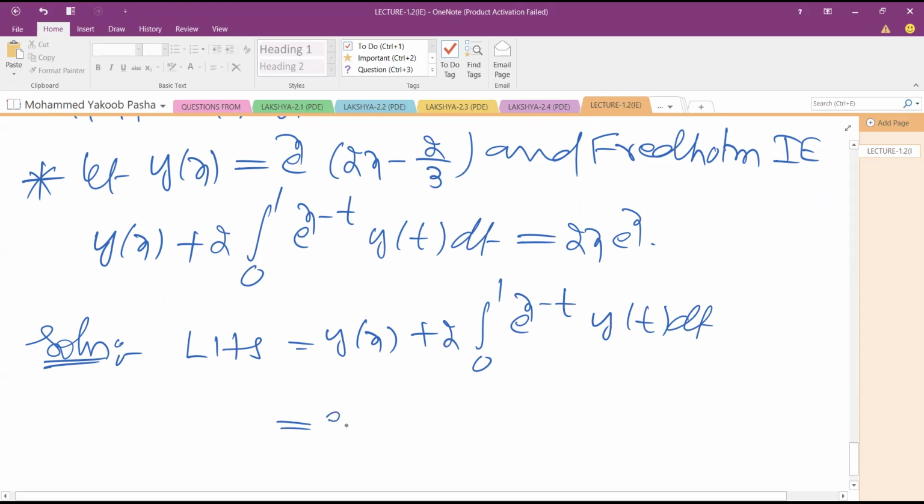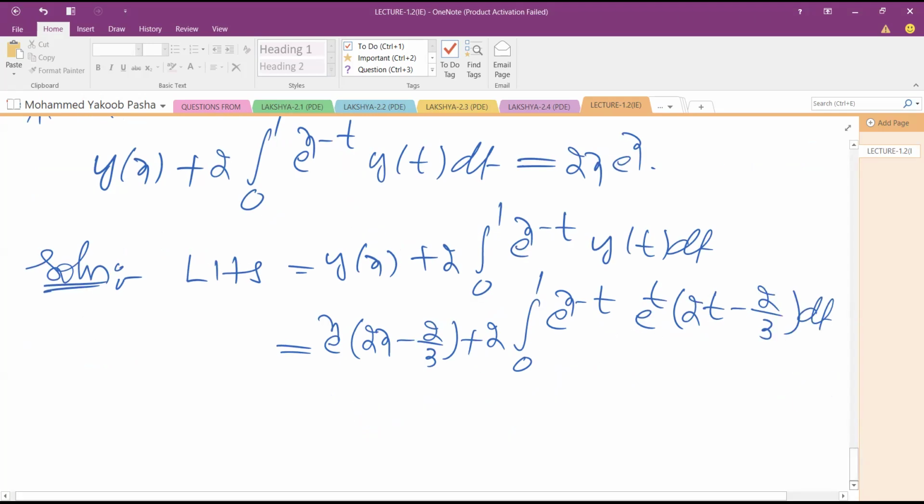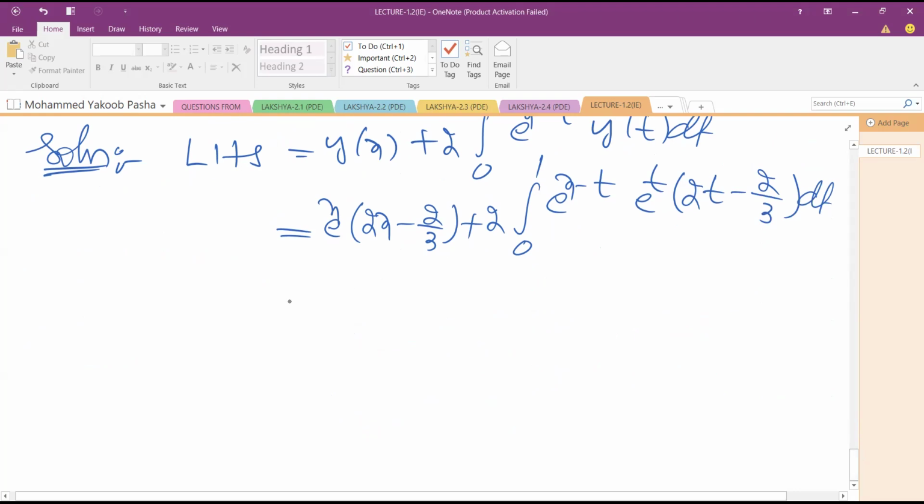Here y of x is e power x of 2x minus 2 by 3, plus 2 times the integral 0 to 1 of e power x minus t, where we replace x by t in y, so we get e power t times 2t minus 2 by 3 dt.